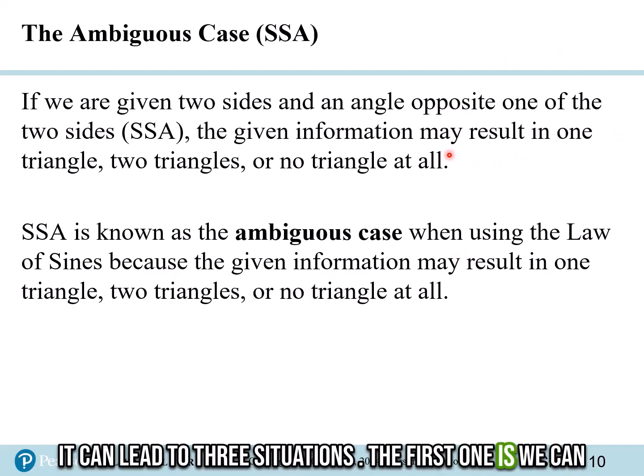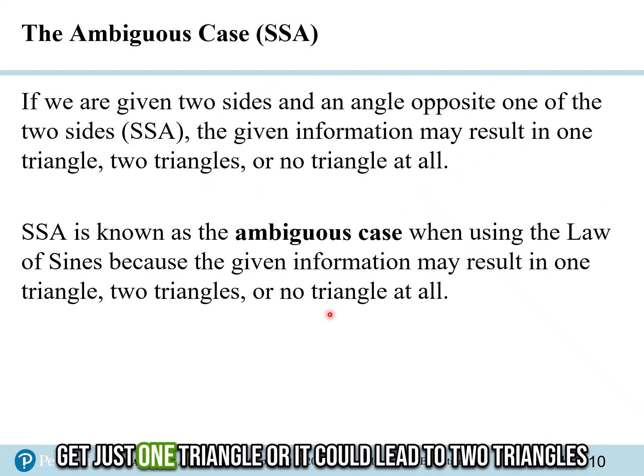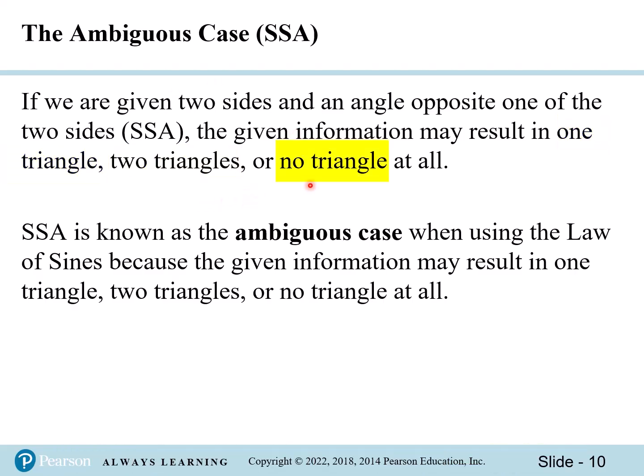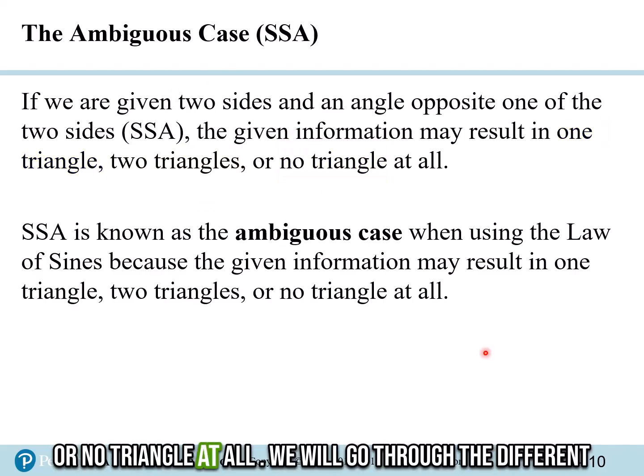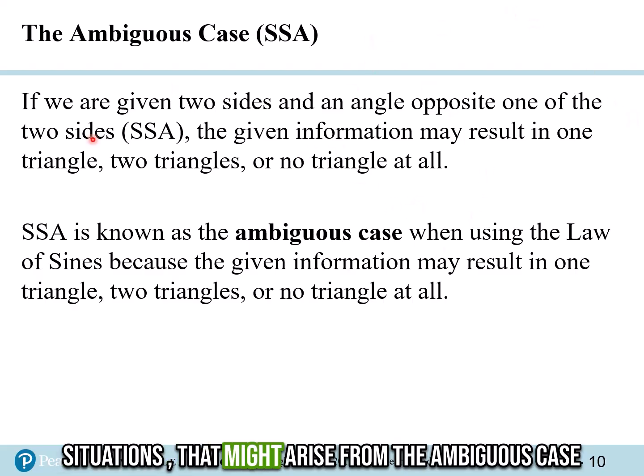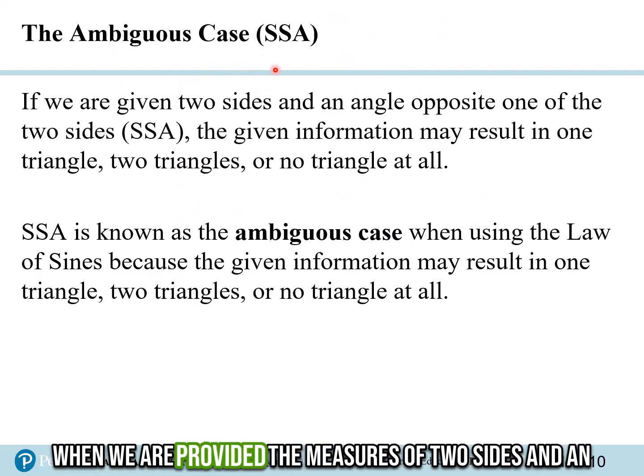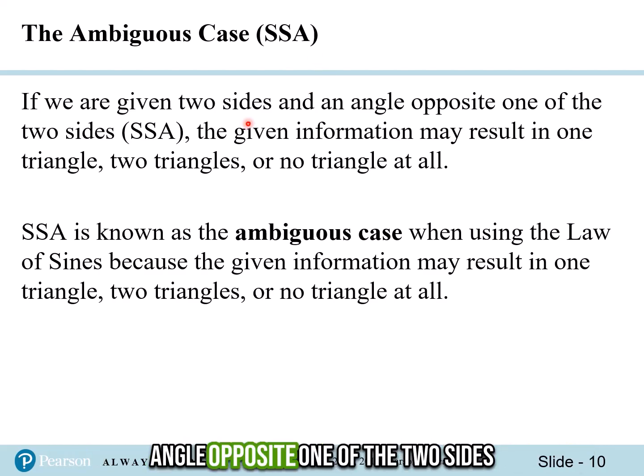The first one is we can get just one triangle, or it could lead to two triangles or no triangle at all. We will go through the different situations that might arise from the ambiguous case.